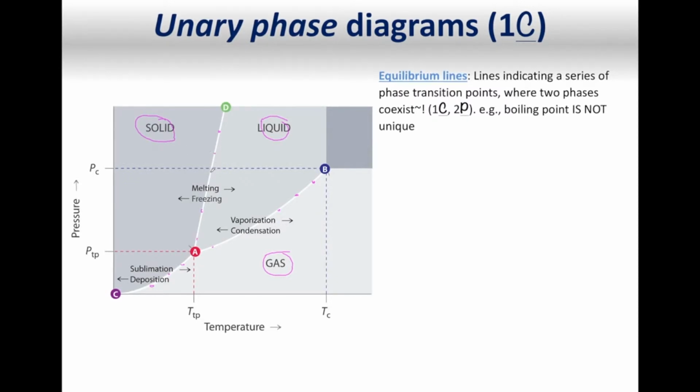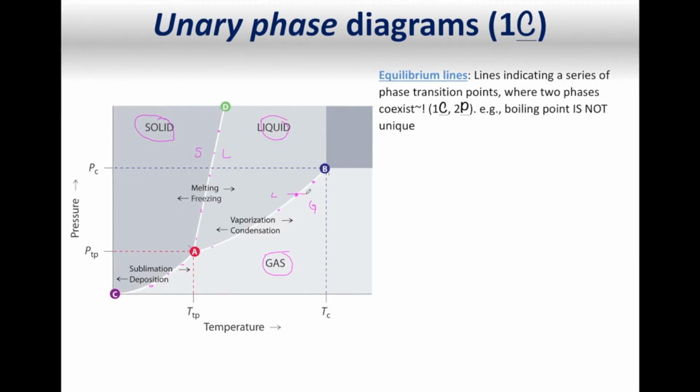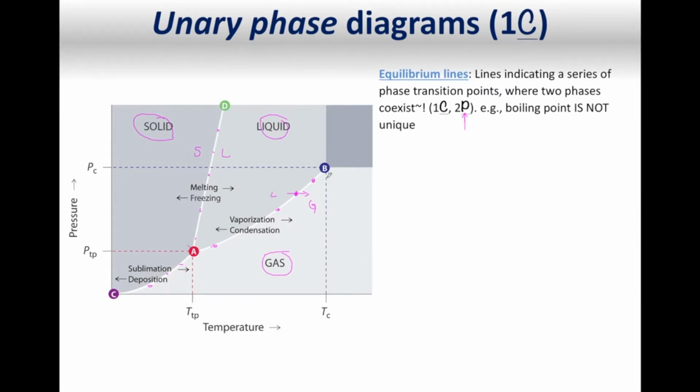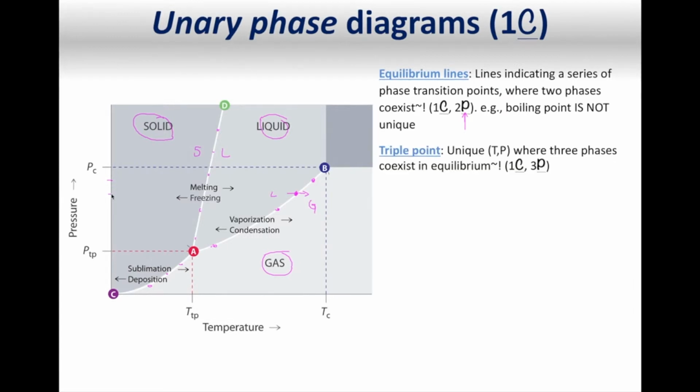So in this case, you're going to have coexistence between the solid and the liquid, and between the liquid and the gas. That means that in this liquid-gas coexistence, this is actually a boiling point. But this is also a boiling point, this is also a boiling point. So the coexistence of two different phases along this line makes these boiling points not unique. They depend on the pressure at which each of them is measured.